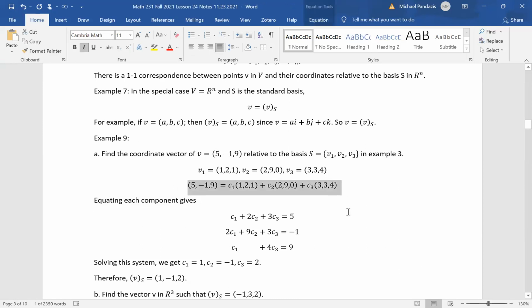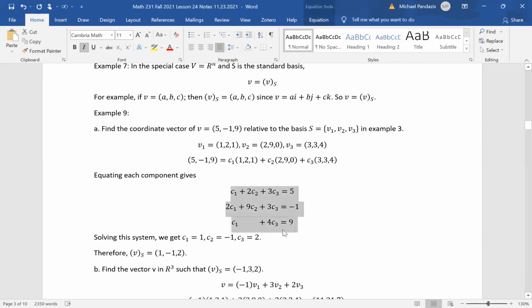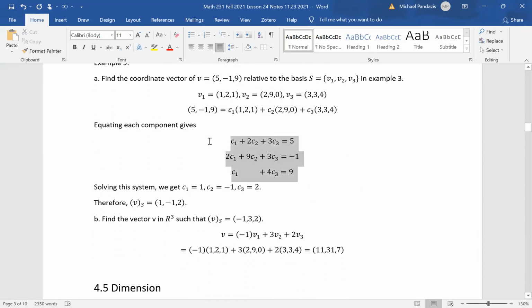So you have this equation. Equivalently, you have a linear system, where the first equation says the first component on the left side is equal to the first component on the right side, the second equation says the second component equals the second component, and the third equation says the third component equals the third component. So you have these three equations corresponding to this one equation, and the goal is to find all solutions c1, c2, and c3 of that linear system.